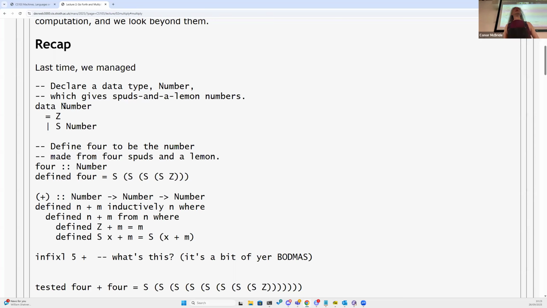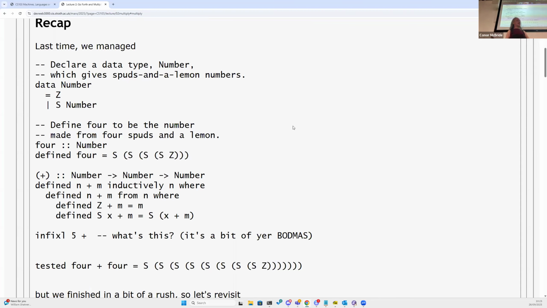So capital Z, capital S, they don't mean something other than themselves. They just are things that sit there, like a lemon, that's the Z, like a spud attached to an existing number. They just sit there being data, being stuff you can do computation to, but they're not active themselves.